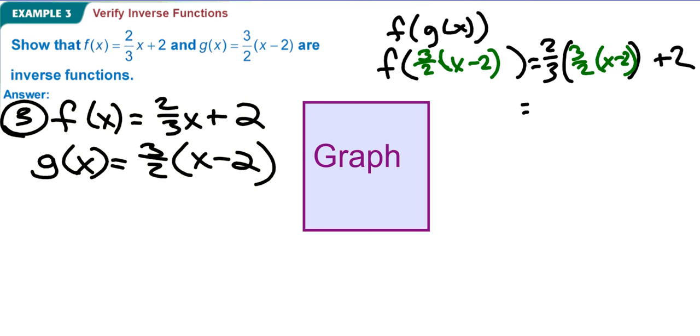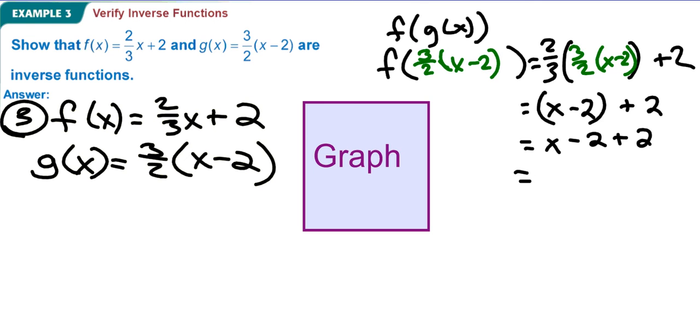Please don't just write, oh, it's x, because yes, it is, but I need to see that. So I'm going to multiply that. 6/6 is 1. So then I am left with the x minus 2, in parentheses right now, plus 2, and then that's x minus 2 plus 2. You wouldn't have to write both of those, but maybe write one of them for sure. So f composed with g of x is x.